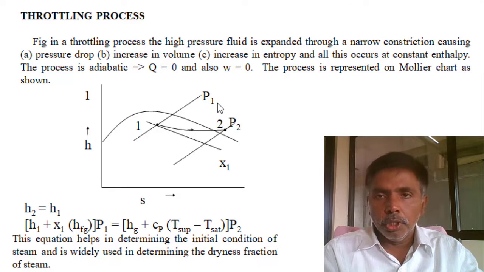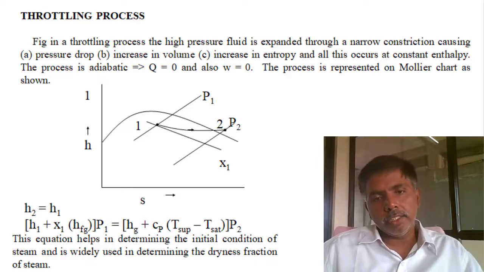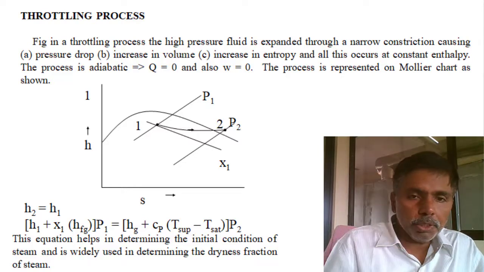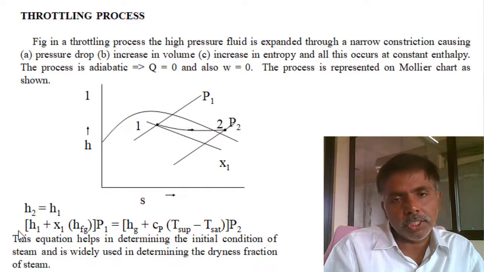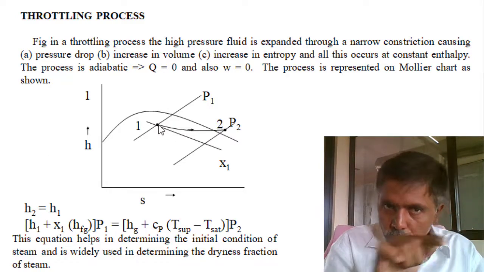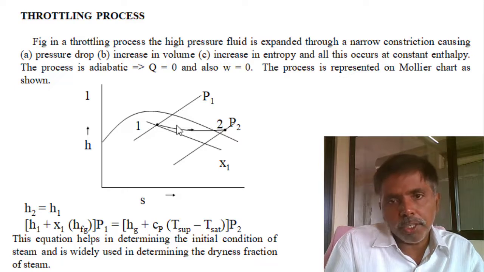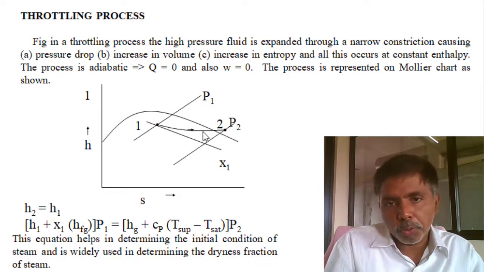So how are we calculating the end state? Enthalpy is constant. Initially it is a wet steam. First we mark the initial condition in the Mollier chart, and at iso-enthalpy, moving horizontally to the next pressure, from 1 bar to 0.5 bar, we mark the condition.